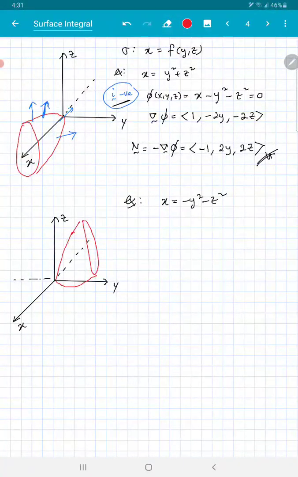Now you can see that the surface is facing the positive x-axis. So your normal vector would be like so. The normal vector here will always be facing the positive x-axis, which means that you want the x component to be positive.